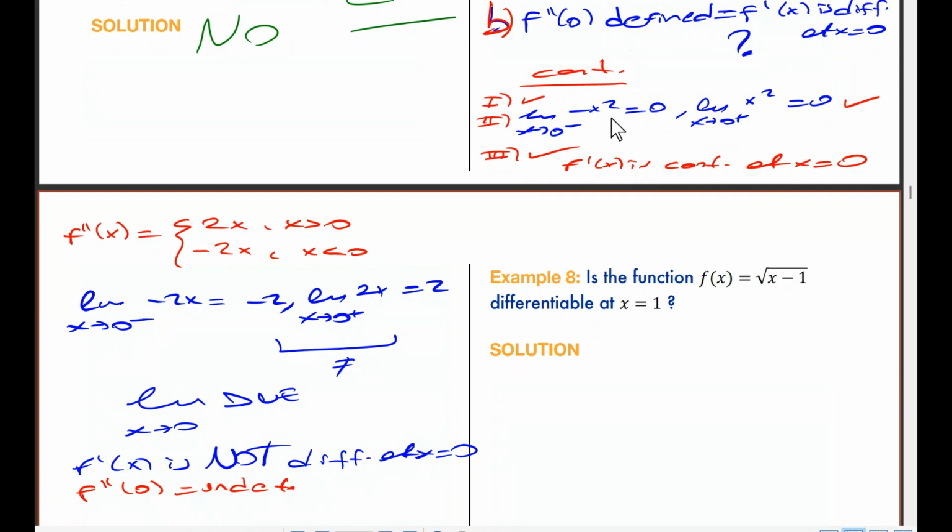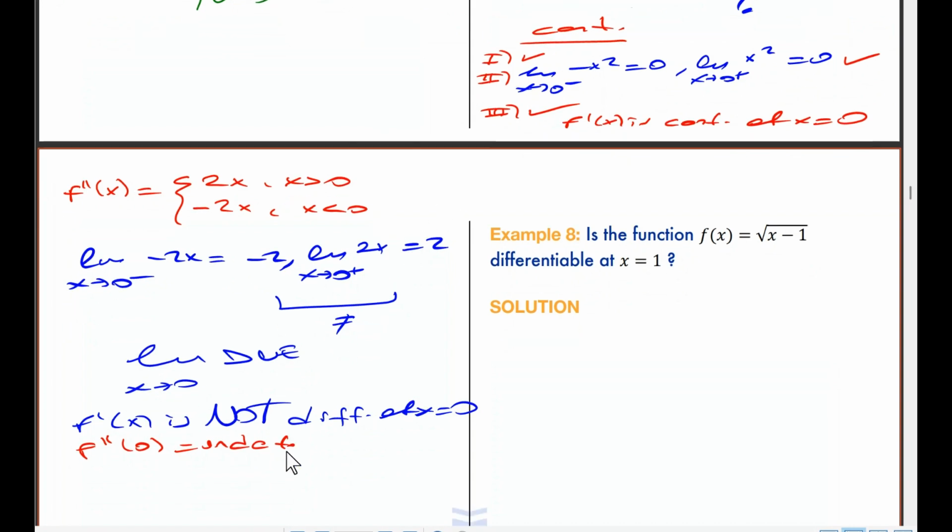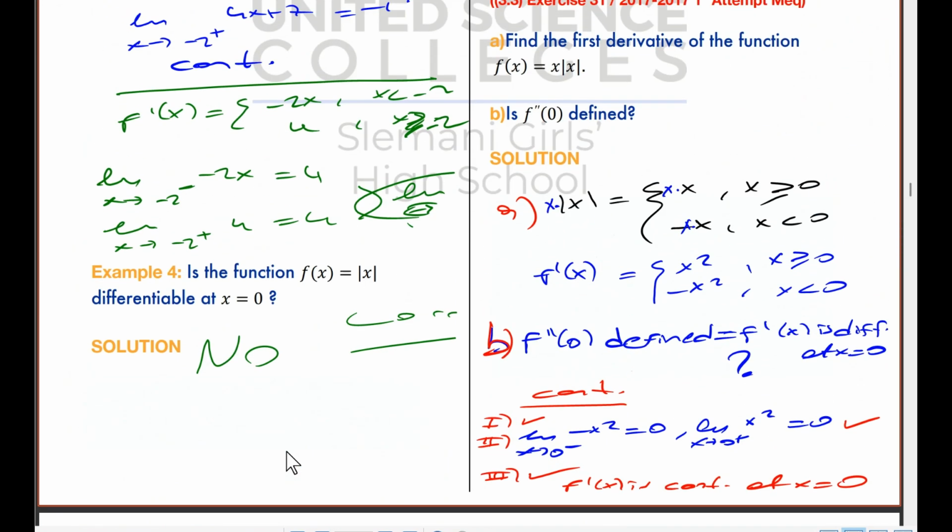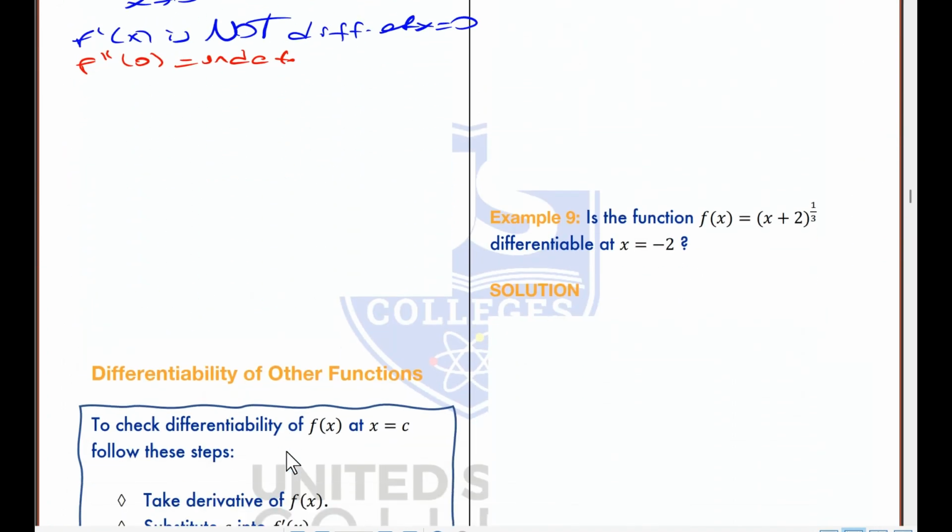This is also a ministry question that came once in Mazari, this part only, whether f double prime is defined or not. So these are the steps. We do the same, nothing changed.